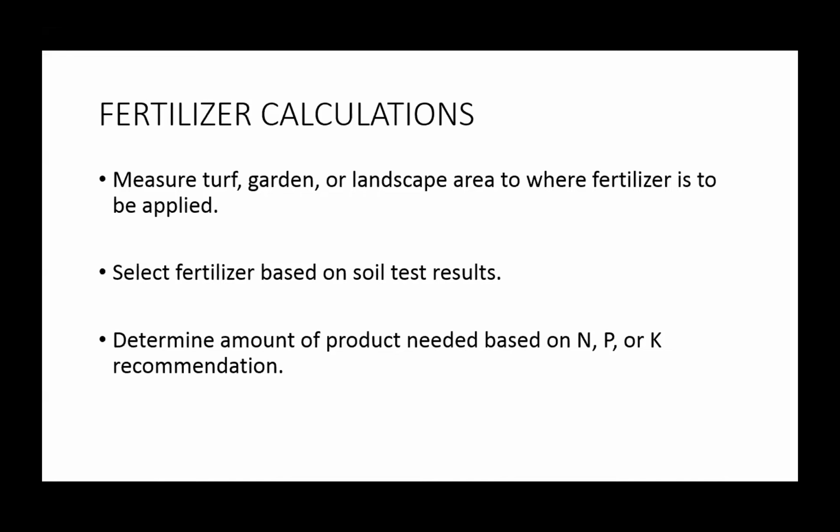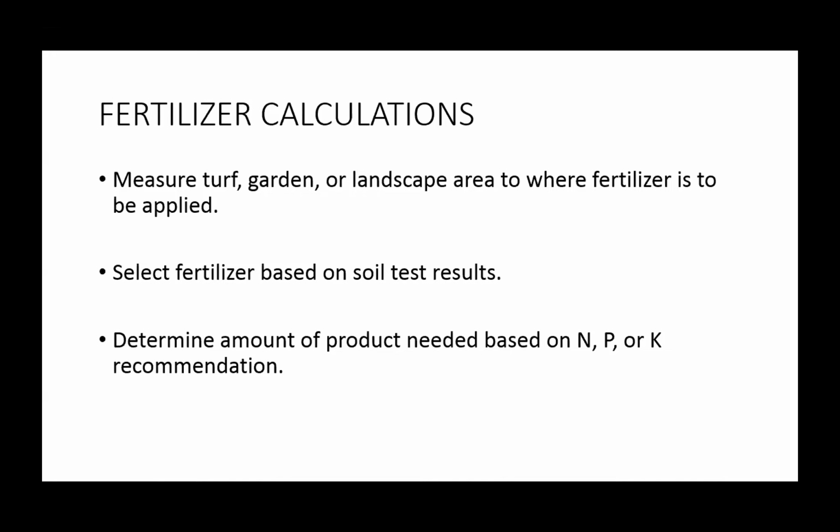So for fertilizer calculations, if you have a certain plant and you want a certain amount of nitrogen in your soil, say you did the NPK test with your soil test kit, and it tells you how much nitrogen you have. You can go get a nitrogen fertilizer and it tells you how much nitrogen is in there. Now you have to do a little math to figure out how much you actually have to apply.